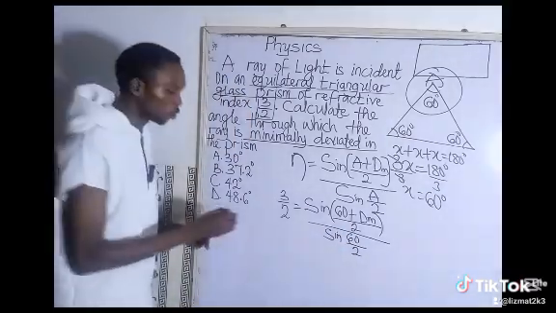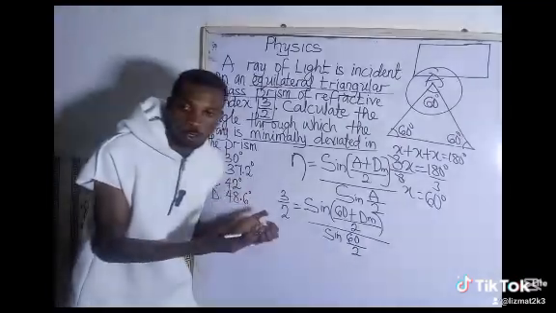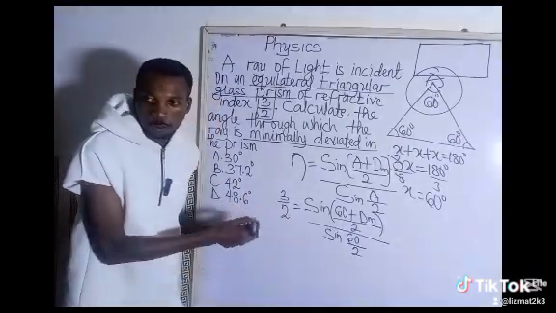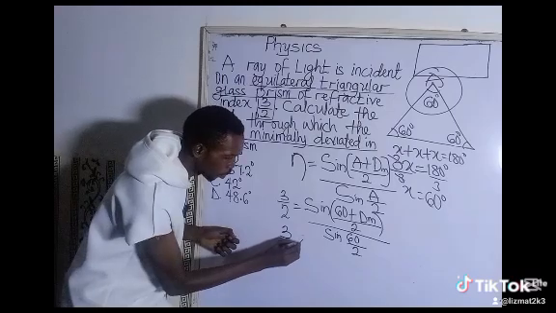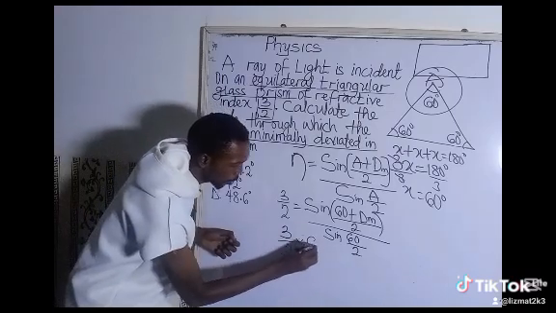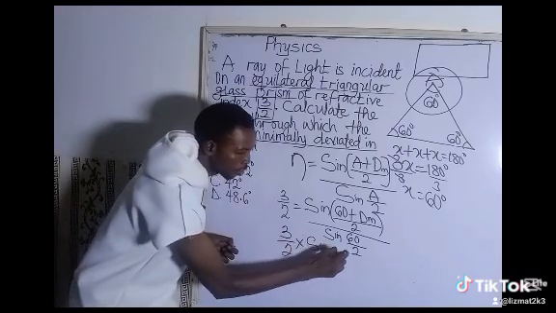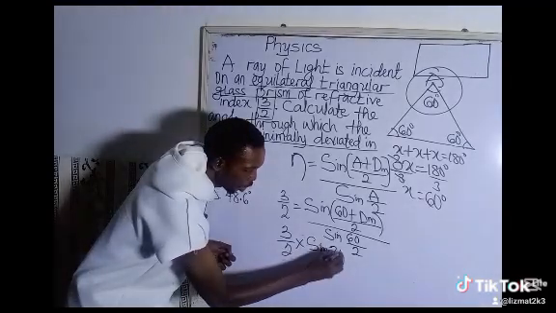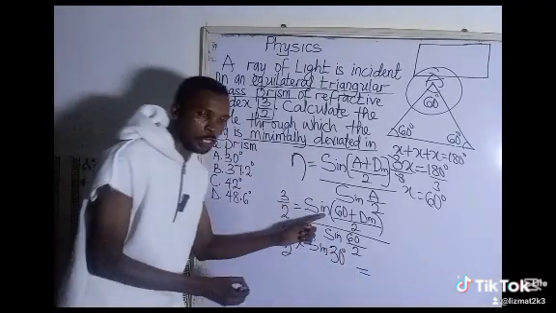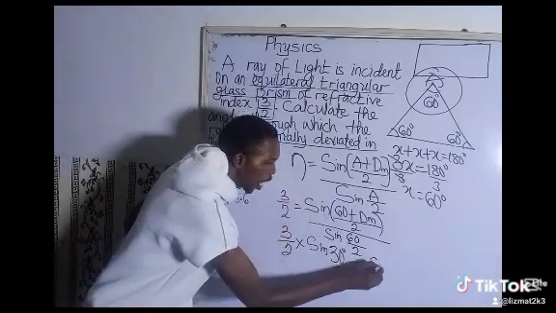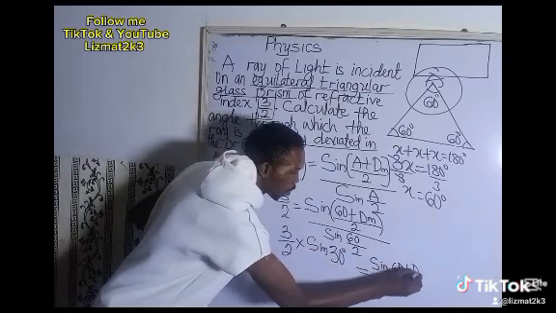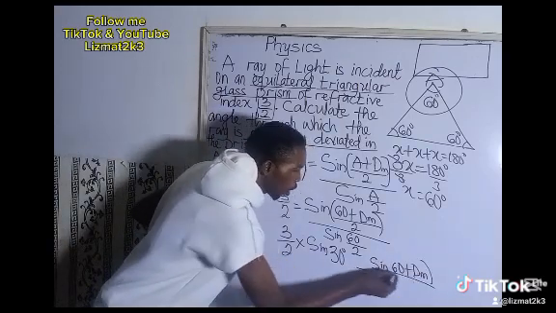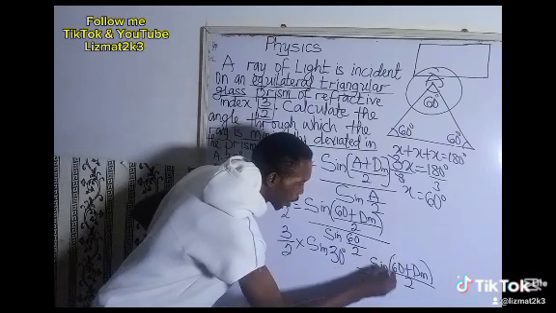Are you paying attention? So here, what I'm going to do is cross multiply. So I have 3 divided by 2 multiplied by sine of, what is 60 divided by 2? That should be 30 degrees. That will be equal to sine of 60 plus the angle of minimum deviation that we are looking for, divided by 2.